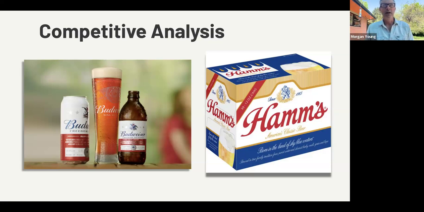But Budweiser, Anheuser-Busch, Bud Light alone, I think makes up 44% of all beer sales in the United States. Anheuser-Busch markets Budweiser, Bud Light, Michelob Ultra, it goes on and on. They're indistinguishable from each other, but the competitive advantage is that they advertise and advertise.